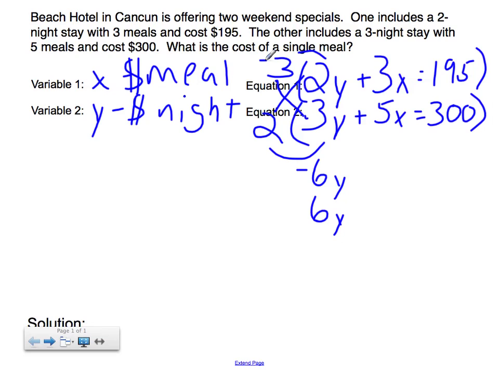Okay, on the bottom, now that I know that those are going to eliminate like they should, I'll go ahead and distribute these numbers throughout the entire equations. So negative 3 times a positive 3x is negative 9x. And negative 3 times 195, let me go ahead and calculate that out, is negative 585.